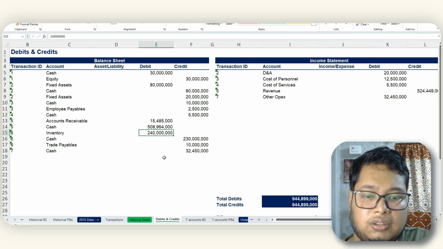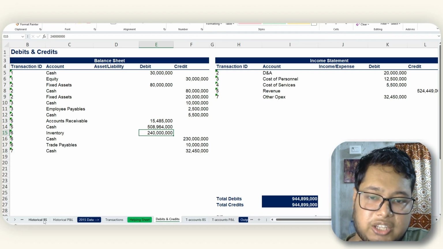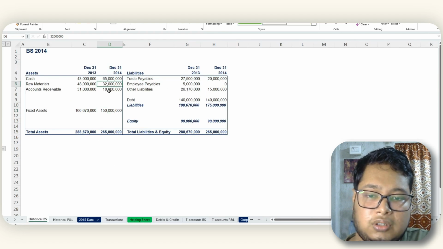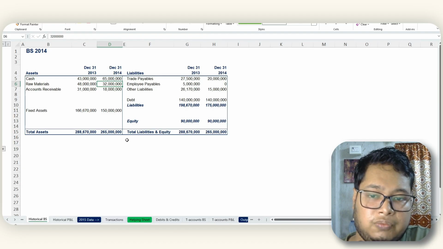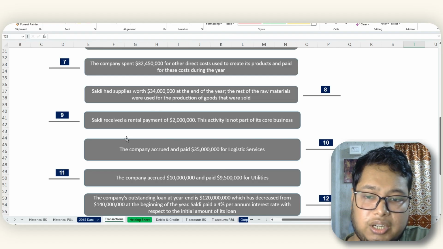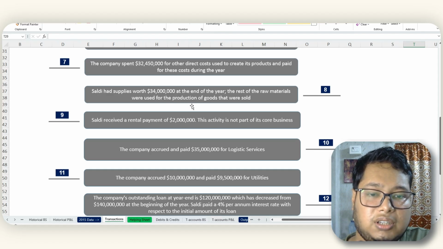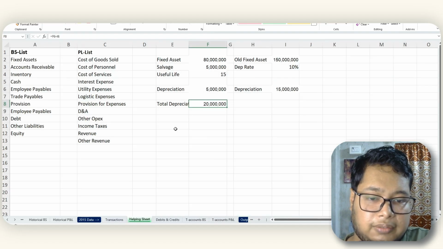We cannot simply say that, because we have been provided the historical balance sheet as well, and in the historical balance sheet there is some raw material as well. So we have to think that that much has also been used, and the value given here is the only amount remaining. Before that, whatever the inventory was, it has been sold completely. So it's a tricky question basically. So yeah, we will check on that.